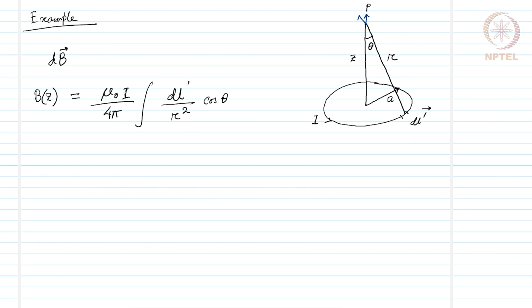and if we consider this kind of a loop, then this angle that is generated is also theta.